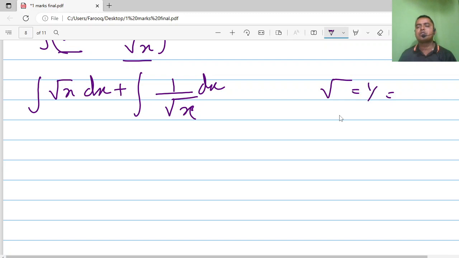The root is x raised to 1 by 2. And integration of 1 by root x dx we will directly write as 2 root x plus c.